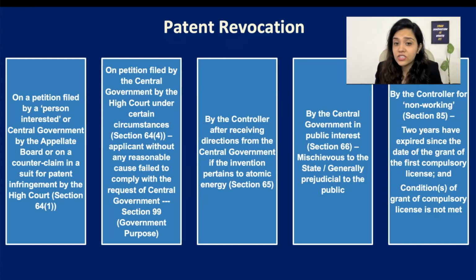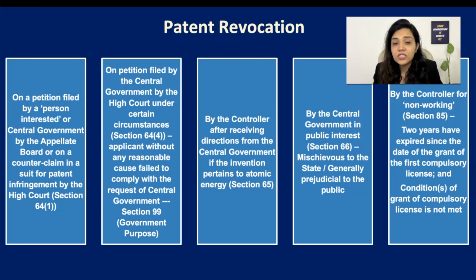Next we have section 65, which is specifically related to atomic energy. So we have read that inventions related to atomic energy should not be given a patent because that subject matter is non-patentable subject matter under section 4. Still, in case anybody gets a patent on an invention which relates to atomic energy, it can be revoked under section 65.